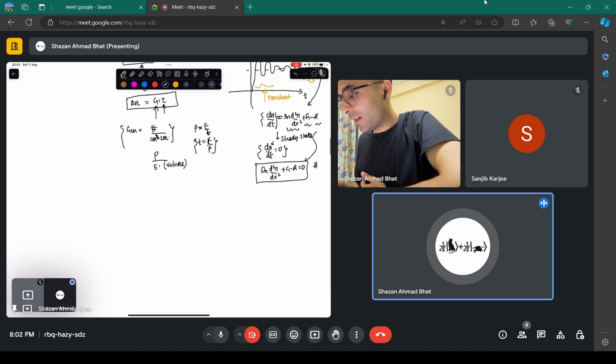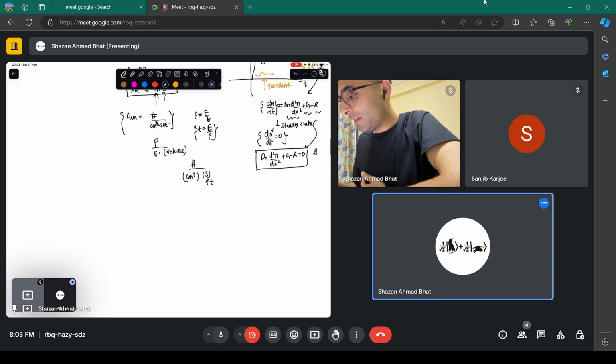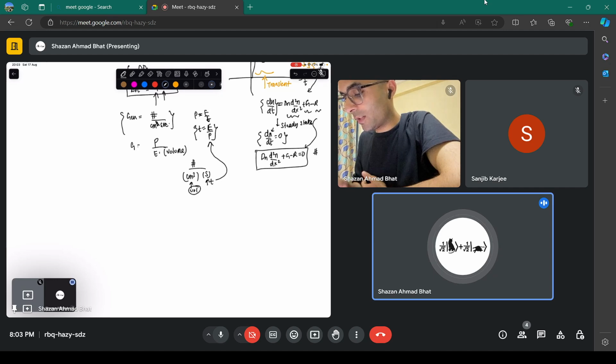If you want the number per centimeter cube per second, we replace time with this and replace volume with the original volume, and you get the generation. So generation is 1 watt divided by the energy.